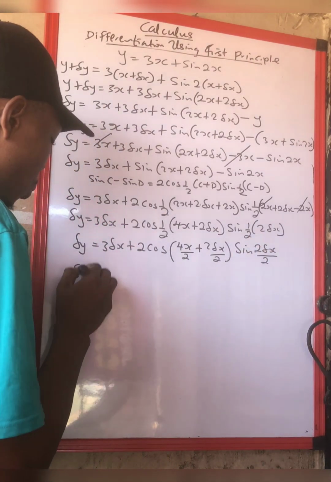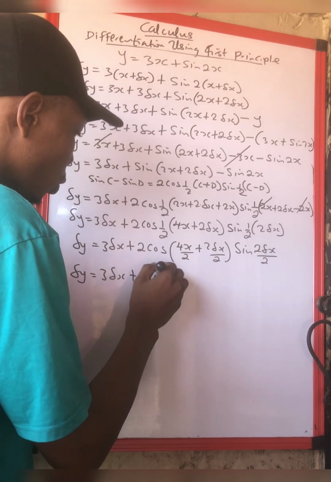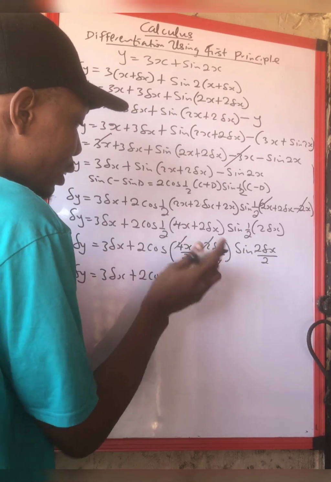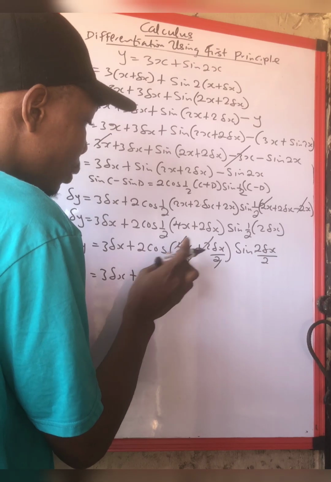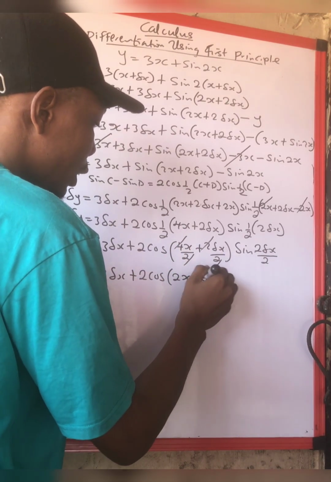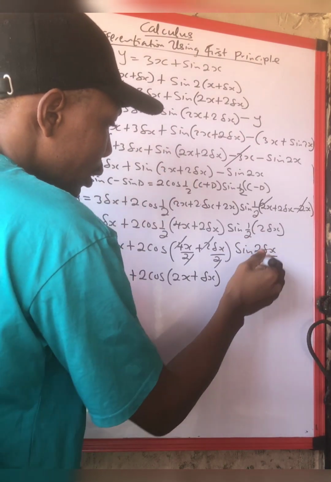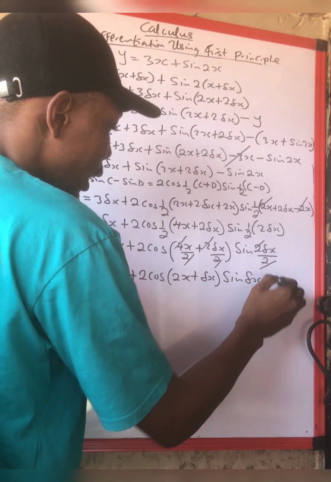So we have Δy equals 3Δx, then plus 2 cos. This can cancel out this and this can cancel out this. If this cancels out, we are left with 2x, then plus Δx. So from there, 2 can cancel out 2. We are left with sine Δx.